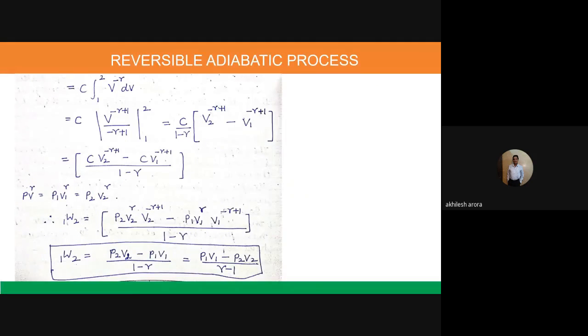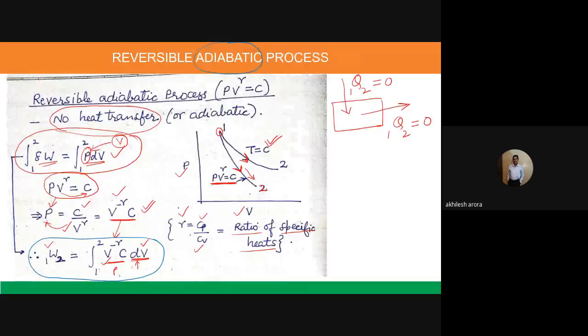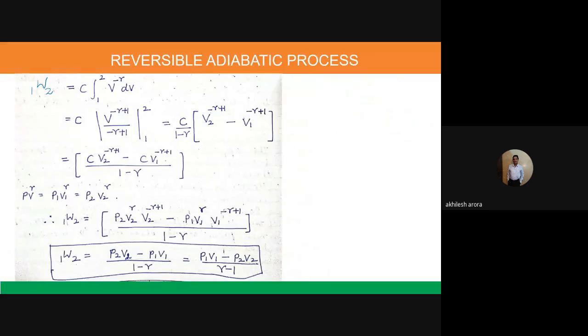So this is the value of W1 to 2. C being constant, you can see the previous slide once again, C is here. This is a constant term, so this can be taken out of the integration sign. Here it has been taken out of the integration sign, and we are left with V raised to power minus gamma into dV. Now I hope all of you know the integration part.